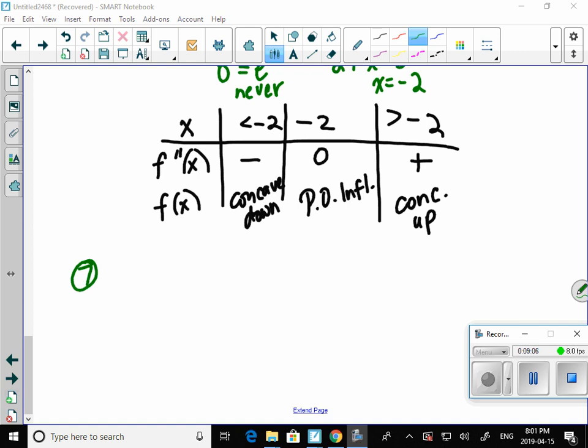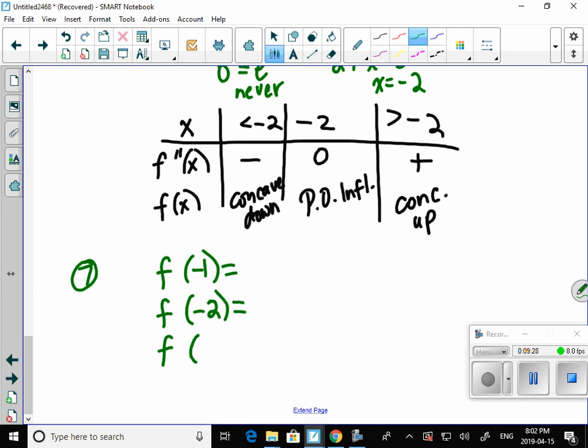My 7th step is to find a few key points. We already have the x-intercept, (0, 0), but it would be nice to have some points in the different sections that we have looked at. So I would like to look at the critical point, x equals -1. I would like the point of inflection, -2. And I'm going to do a point that's to the right of that, so I've kind of covered all the different sections.